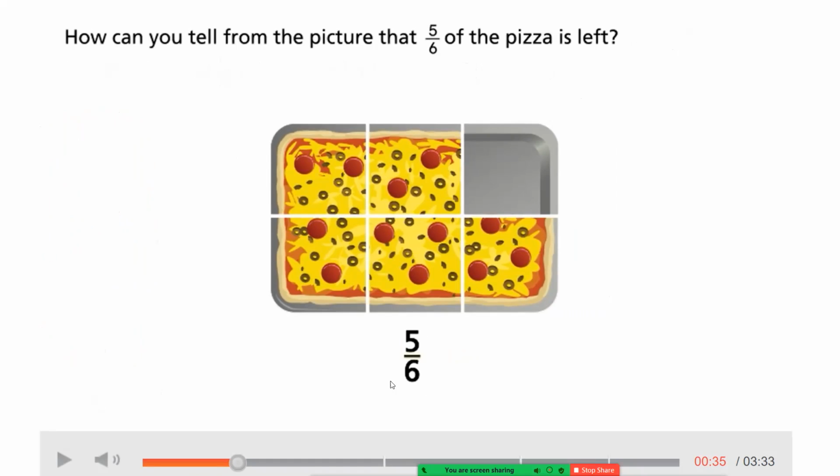The bottom number tells you how many pieces there were in total. So your top number, called your numerator, is how much you have. Your bottom number, your denominator, is how many pieces are in the whole. So we can tell that there are 5/6 of the pizza left because there are 5 out of the 6 pieces still on the tray.